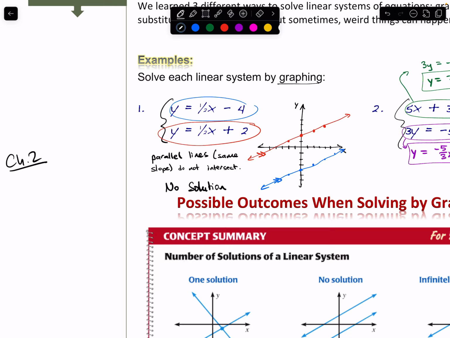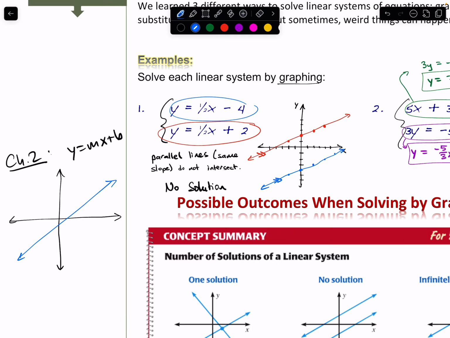So in chapter 2, all the way back in chapter 2, you learned how to graph a line. So I gave you an equation like y equals mx plus b, and then maybe the graph looks something like this.